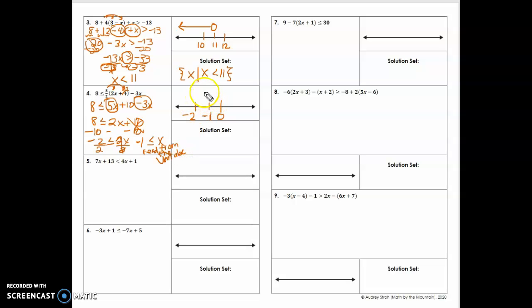Okay, I do have greater than or equal to, so that is going to be filled. And greater than or equal to is to the right because I'm reading from the variable. My solution set is bracket x such that x is greater than or equal to -1. It does need to be written with x first.